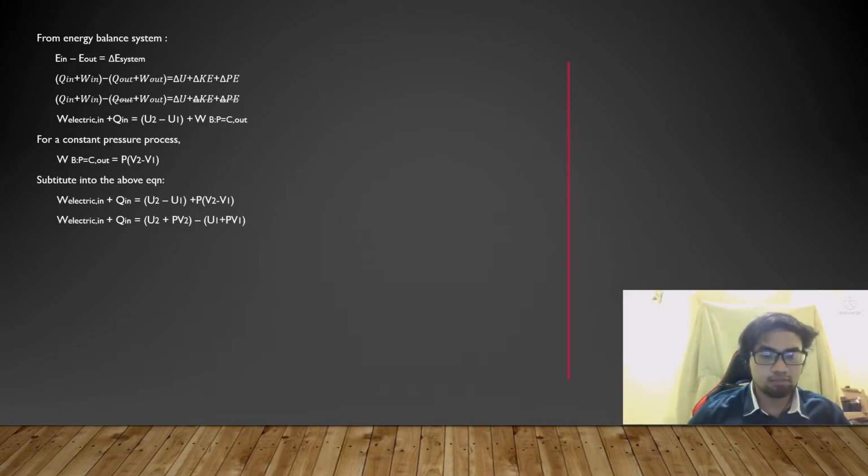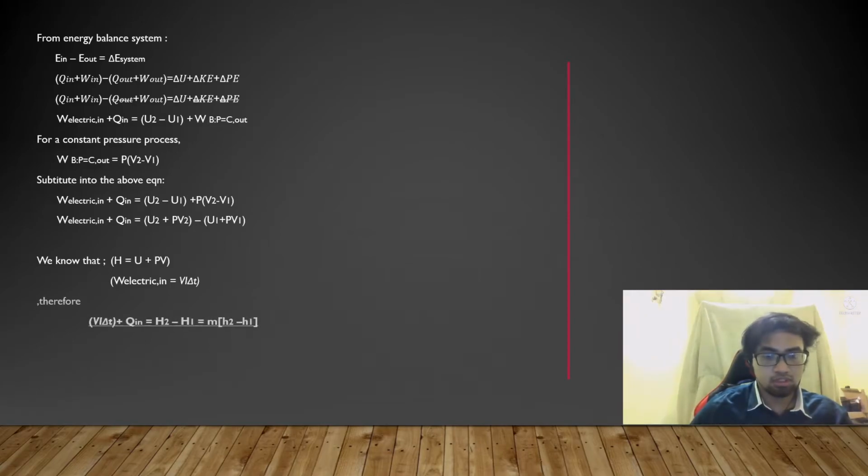Also, we know that enthalpy H equals U plus PV. And electrical work in is equal to voltage multiplied by current multiplied by change of time. Therefore, we got the final equation: voltage multiplied by current multiplied by change of time plus Q in equal to H2 minus H1.